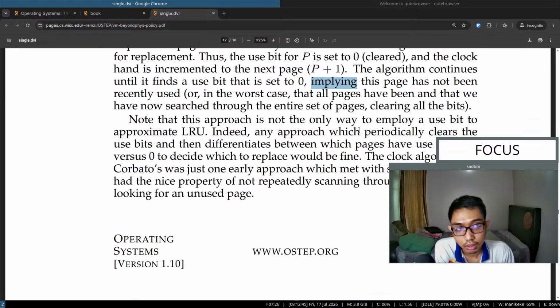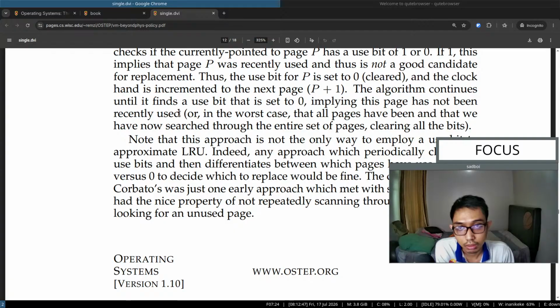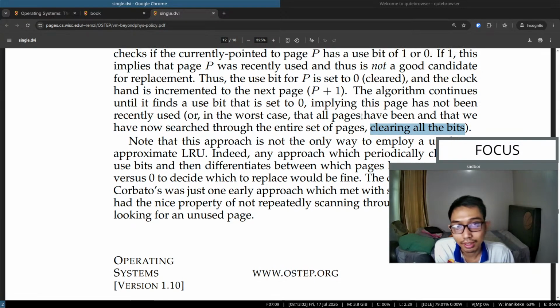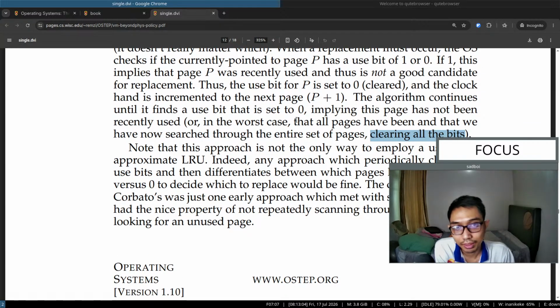Implying this page has not been recently used. Or in the worst case, that all pages have been, and that we have now searched through the entire set of pages, clearing all the bits. Again, this is the worst case.